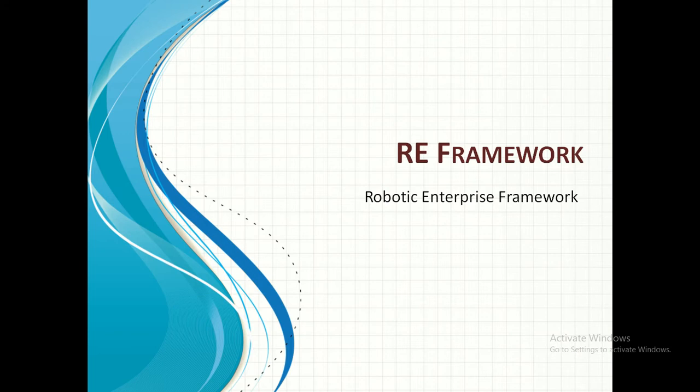Most of the times in interviews, the questions are asked on RE framework concepts, and moreover, if you want to go for the advanced certification course, there you will have a hands-on practical section or a practical exam. Whatever the task they have given, you have to solve it using RE framework, right? Hence RE framework is most widely used.